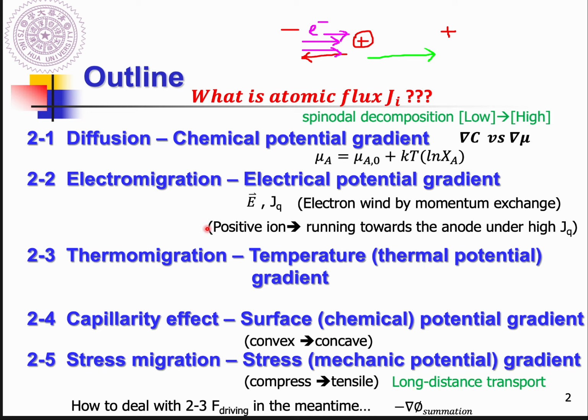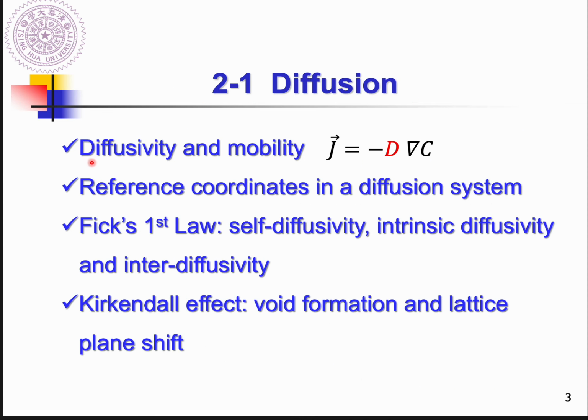Okay, so let's move to the first part, diffusion. In the first section, we are going to talk about diffusion in solid materials. First of all, we are going to tell you the relationship between diffusivity and mobility. Diffusivity, as you know, is the parameter to describe how fast the atoms move inside our materials.